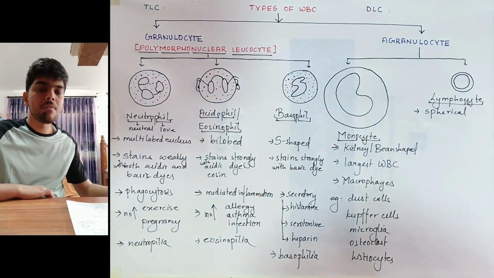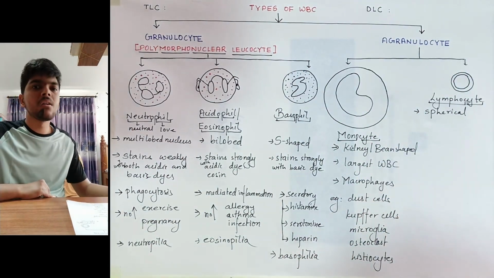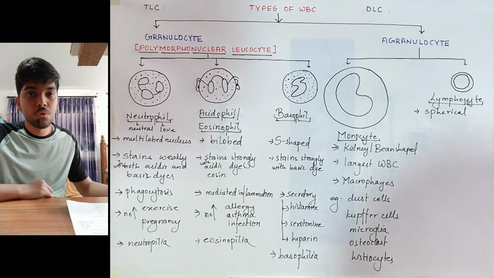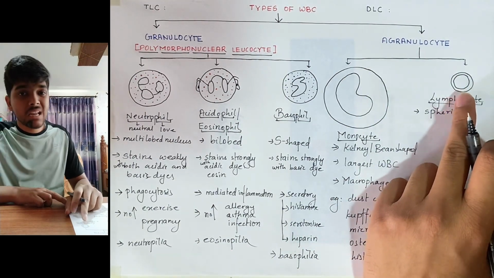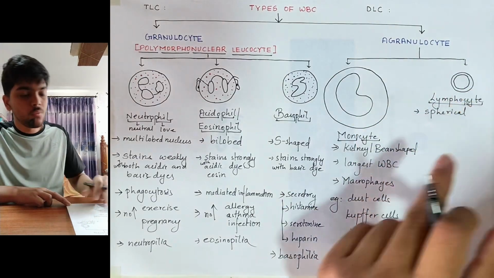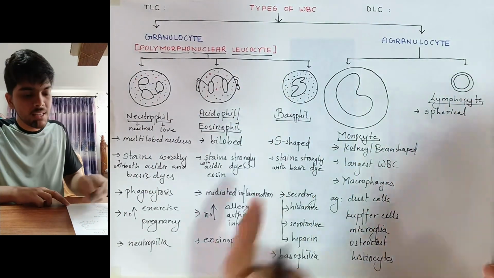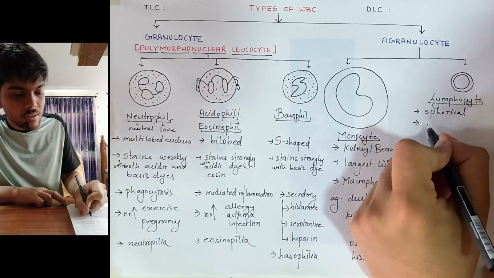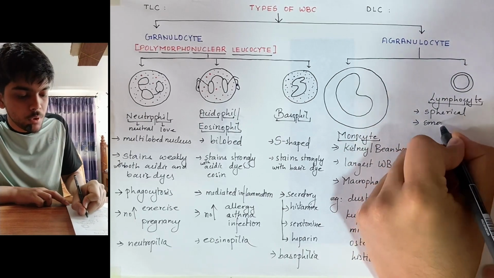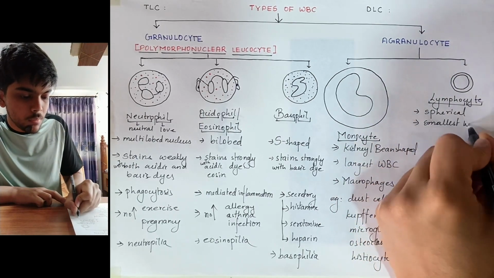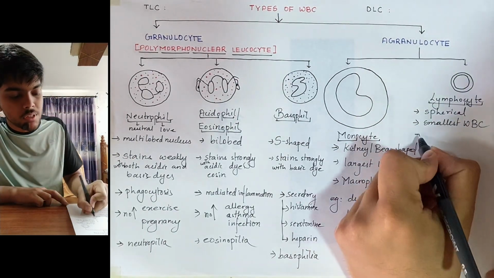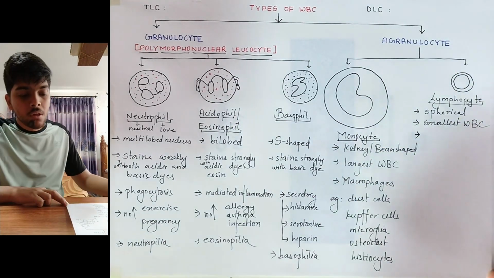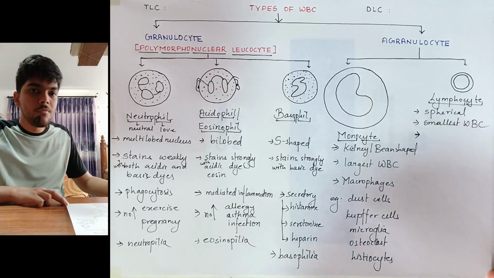So these cells are found in lymph and they are also produced by lymphoid tissue or lymph nodes. As you can compare the size of this cell with other cells, you can easily see that lymphocytes are the smallest WBCs. Smallest WBC.